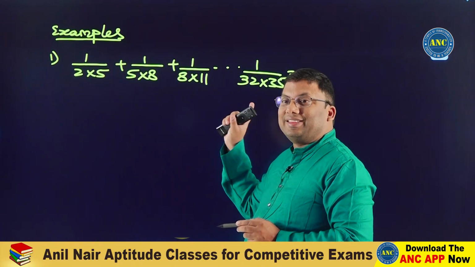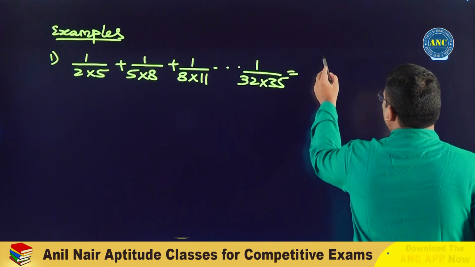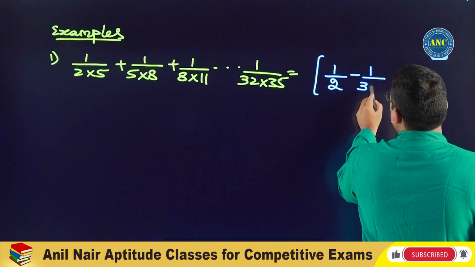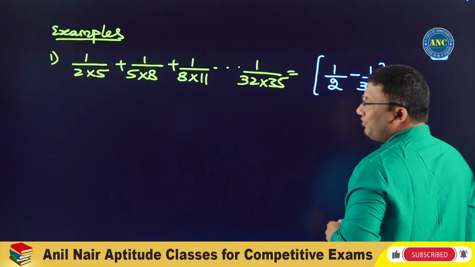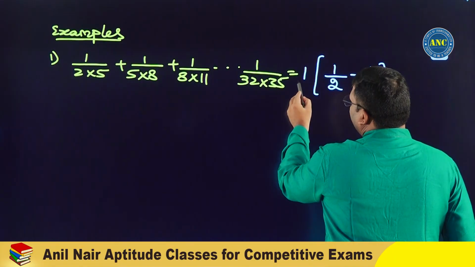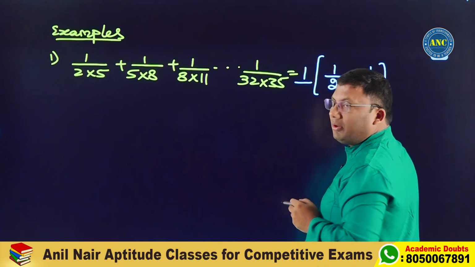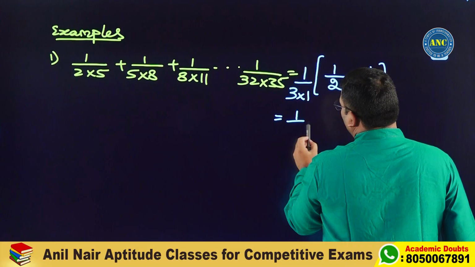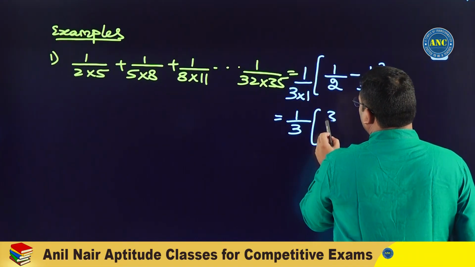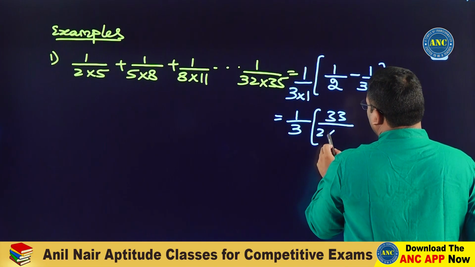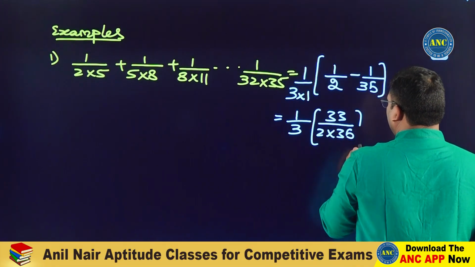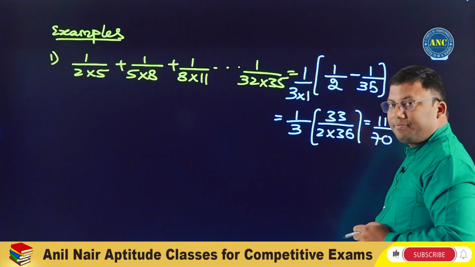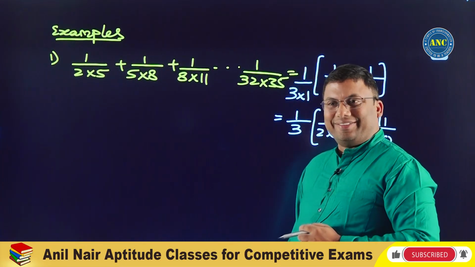How many values are in the denominator? 2 values. Answer contains first value and last value. 1 by 2 minus 1 by 35. 1 by. What is the difference between 2 numerical values? 3. 2 numerical values became 1. So 1 by 3 into 35 minus 2 is 33 divided by 2 into 35. So answer for this question is 11 by 70. Please write 11 by 70.